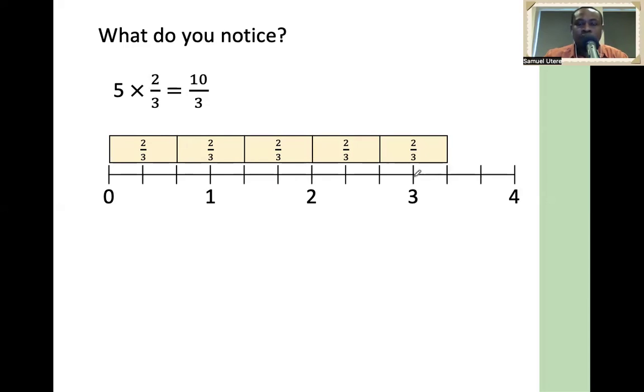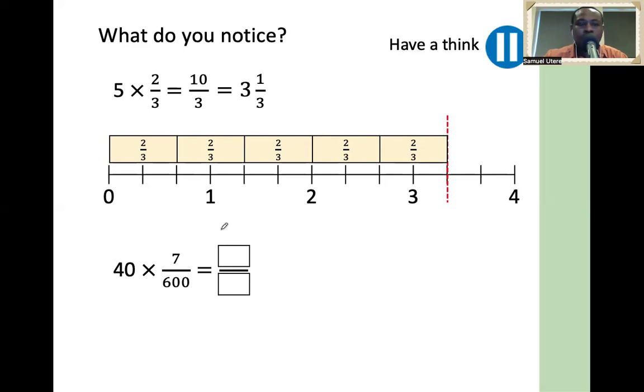Now, if you think about it, have you noticed that we go beyond 3? Because by extending the number line, we get to the 3 whole number, and we have a third. And that is the same thing we would have if we were to convert this to a mixed number. 10 divided by 3 is 3. Our remainder will be 1, and that is 1/3, which is this part here.